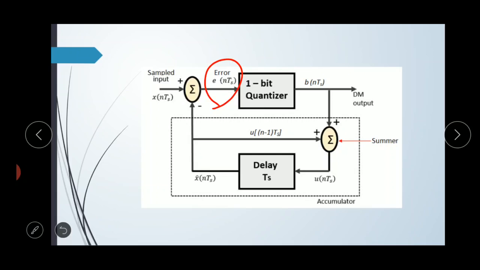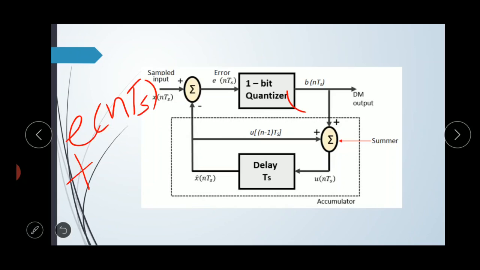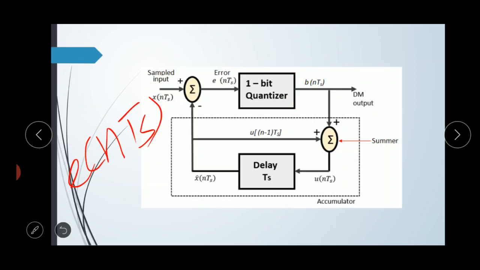So when e of nTs is positive, then b of nTs is plus delta. When e of nTs is negative, then b of nTs is minus delta.